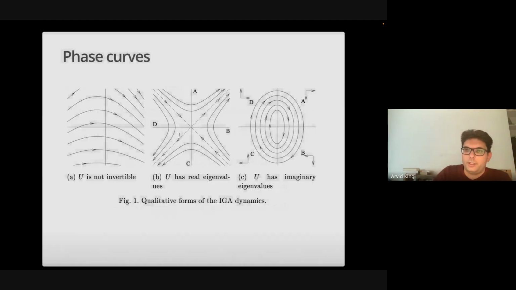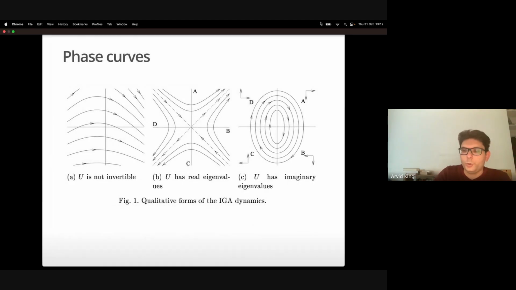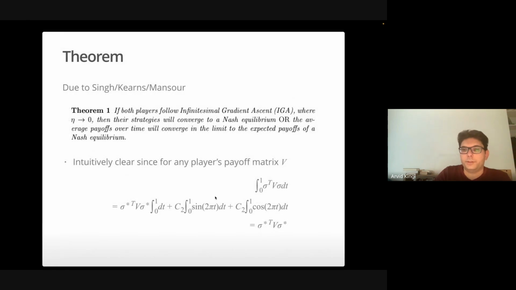If we have these rotating solutions, you can decompose them into a sine and a cosine component in the payout matrix, and you can show that over a full rotation the parts that come from the sine and the cosine essentially average out. That means only the value coming from your stable equilibrium, your Nash equilibrium, actually contributes to your average payout, which is why this theorem holds true.